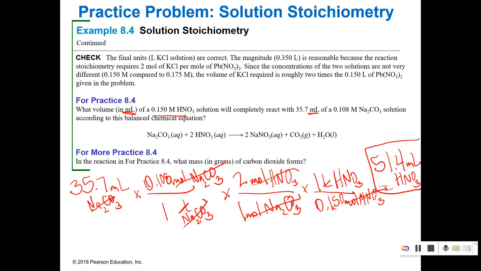Okay, the next question uses the same equation. It uses the same given to start with, but it wants to know how much CO2 forms in grams. So I'm no longer going to use that. I don't need it. I do, however, need to start with this 35.7, but now because I don't have milliliters on both sides, I have milliliters and grams, I've got to convert that to liters. So I've got 0.0357 liters sodium carbonate. This step is the same, 0.108.